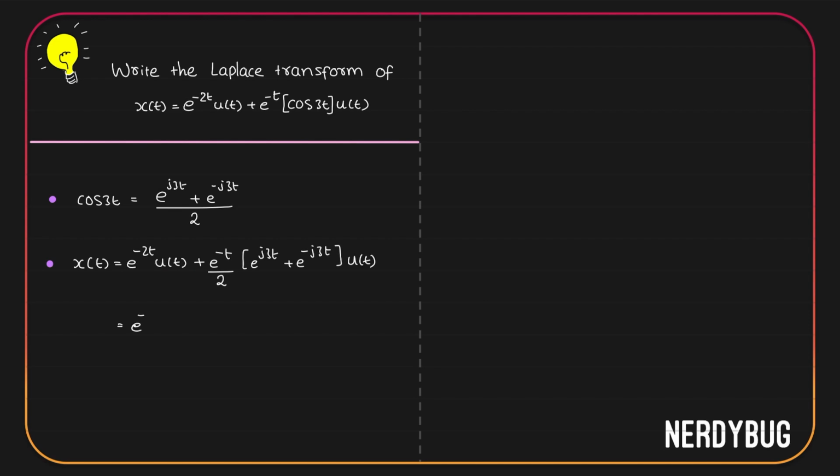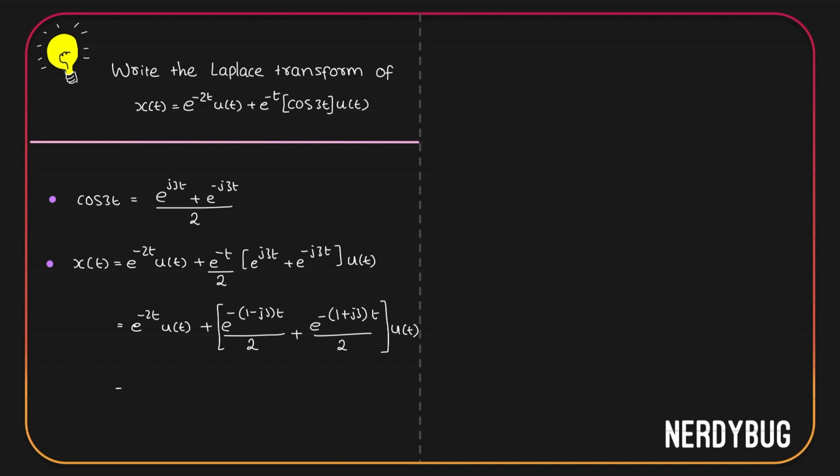And this will be e raised to minus 2t u of t plus, taking the product of these two, we get e raised to minus 1 minus j3 t by 2, plus, multiplying these two, we get e raised to minus 1 plus j3 t divided by 2 u of t.